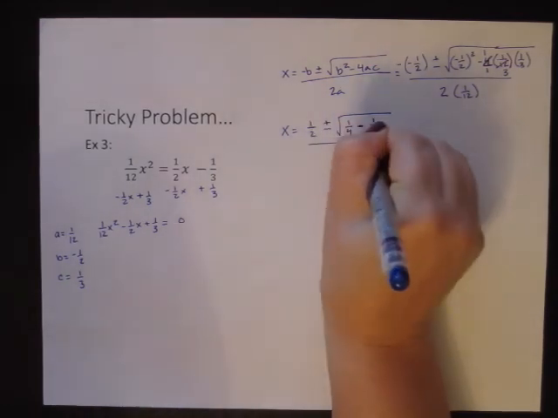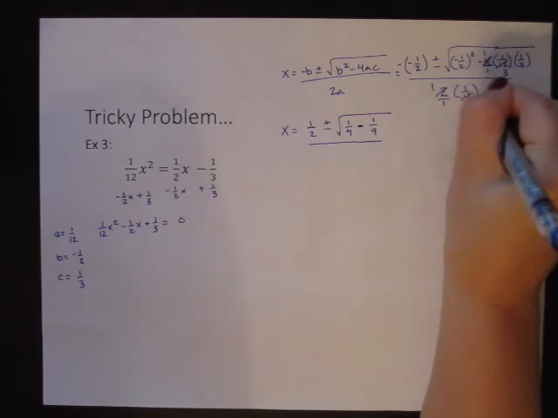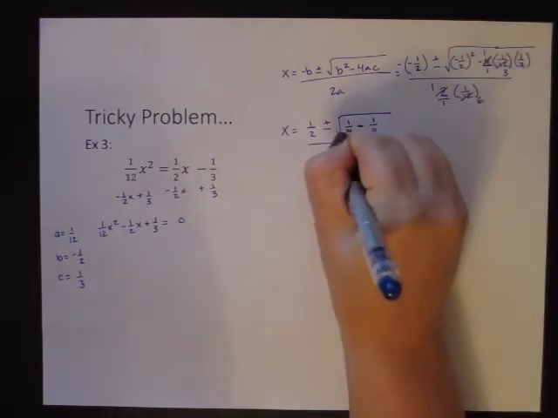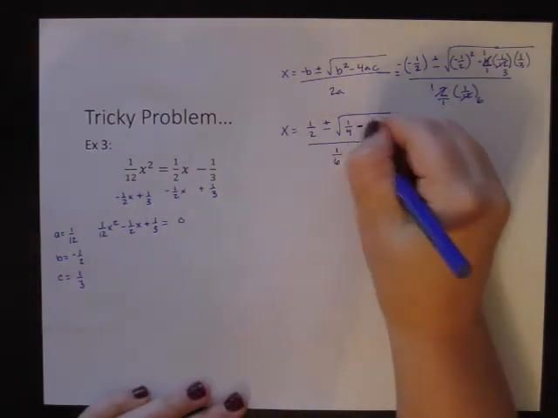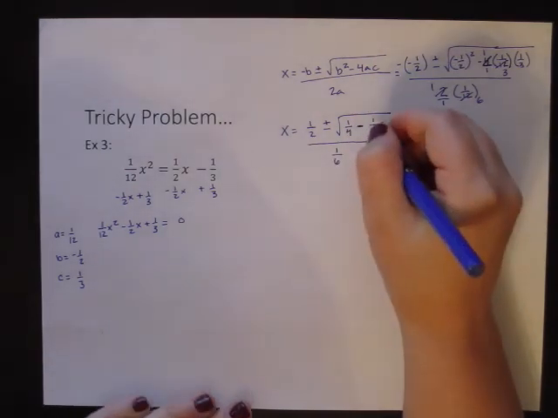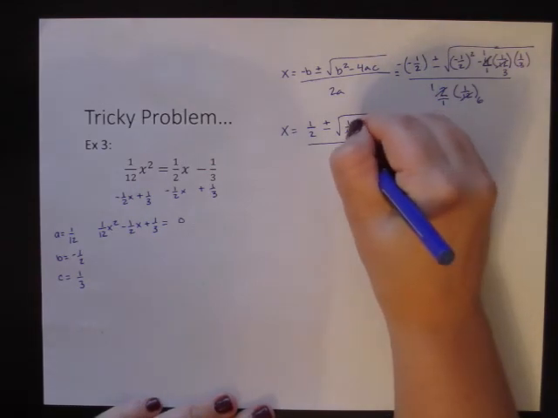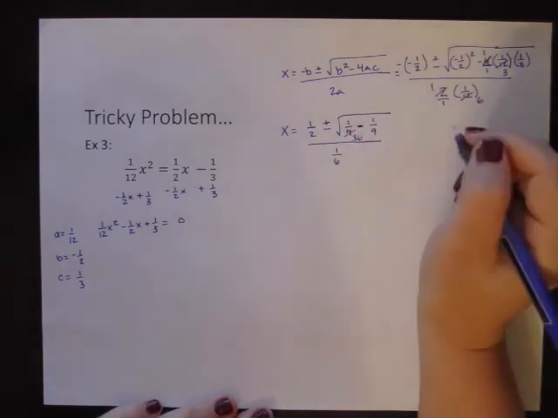And that's going to be all over, put this over 1, cross cancel, 1, 6. So it'll be 1/6. And now I've got to clean up what's in my square root. So if I clean this up, 4 and 9 are not the same, but their LCD would be 36. So I've got to change that to 36. 4 times what gives me 36?